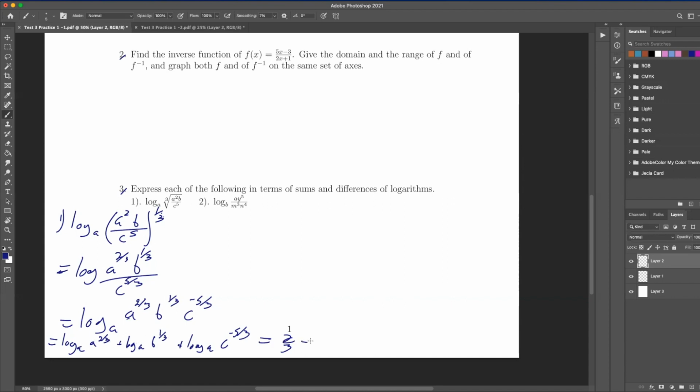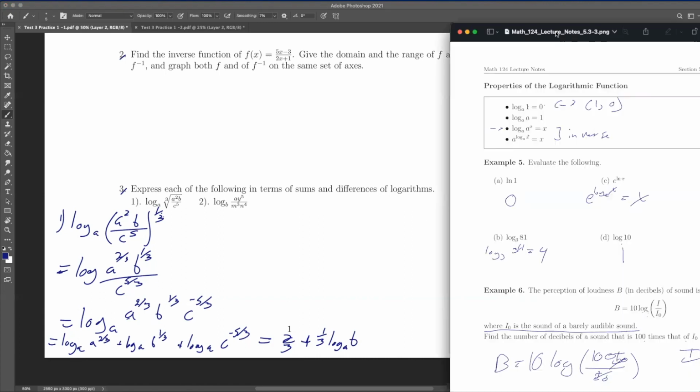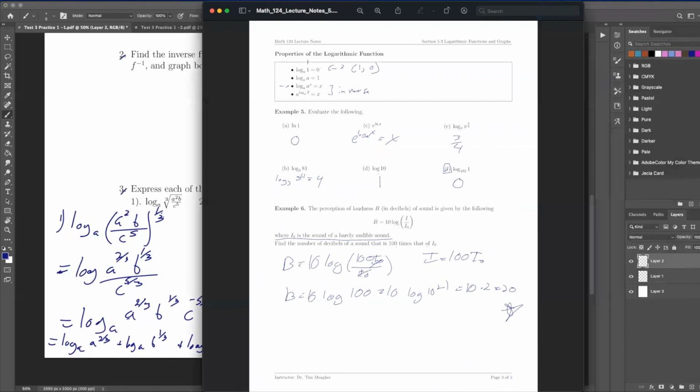This 1/3 I can pull out, so it would be plus 1/3 log base a of b, because here I'm just using this rule in the opposite direction, right? I'm pulling this one out. Okay, and let me show you, now that I have this up, is it 3? Yes, 5/3. So here, I'm using this property: log base a of x is x.